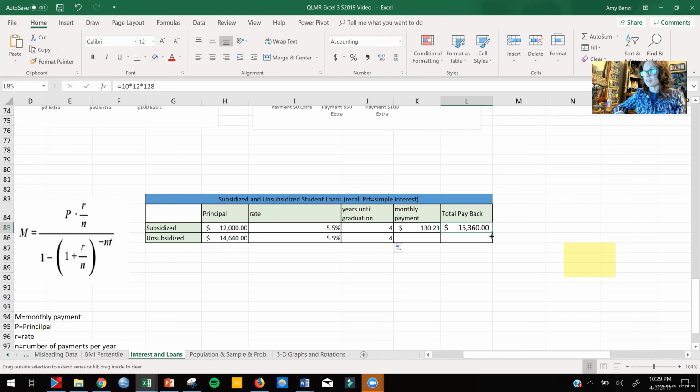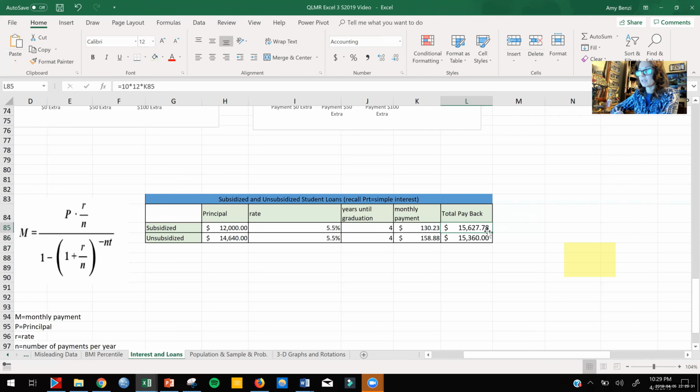Let's see what happens here. I'm going to drag this down. There we are. What did we have here? This turned into a bit of a mess, didn't it? All right, you see this? I had the 10 years times 12 payments per year times the amount of the payment.